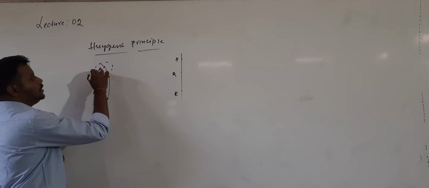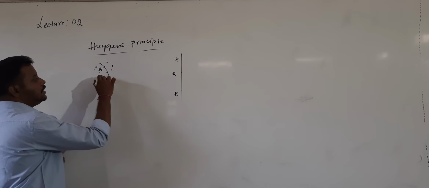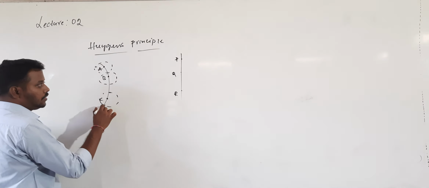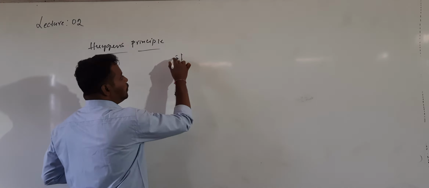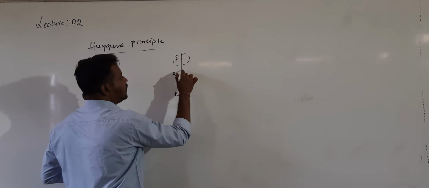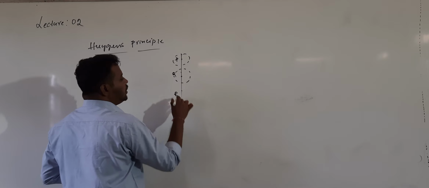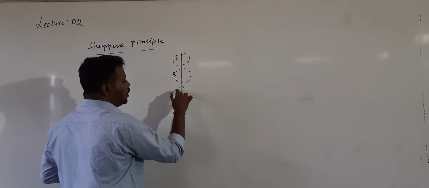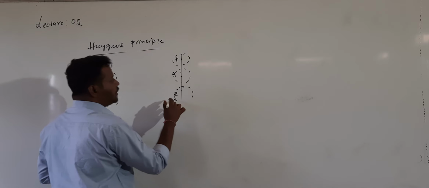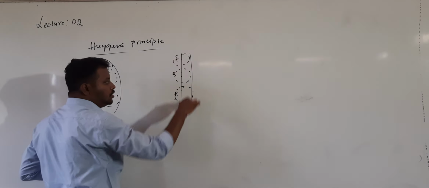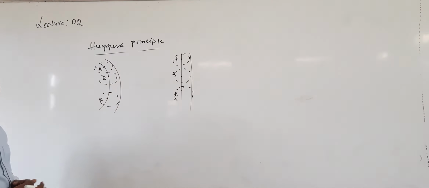By taking these points as centers and the distance traveled by the secondary wavelets as the radius, we construct spheres.